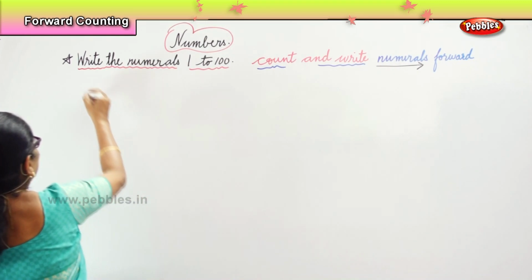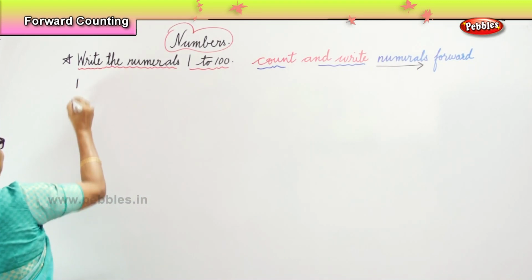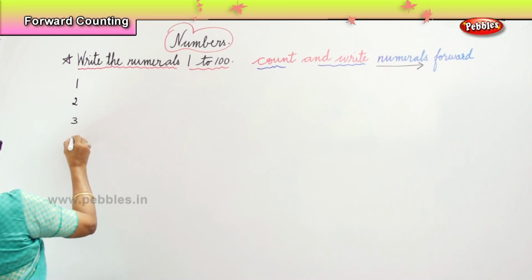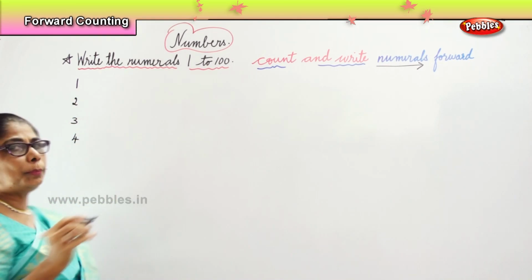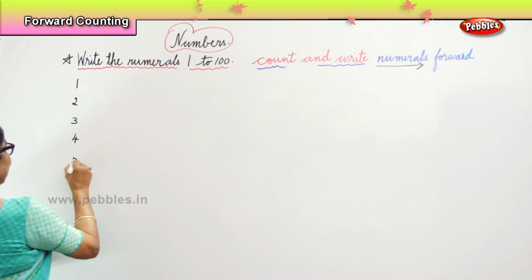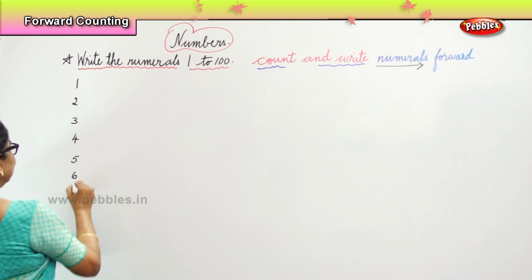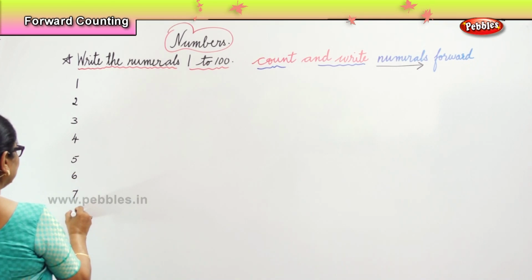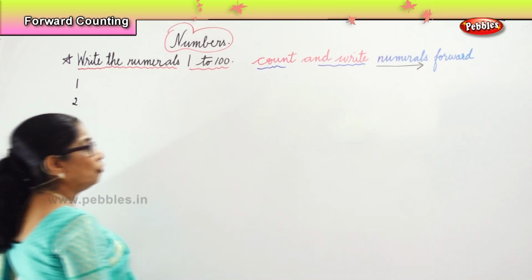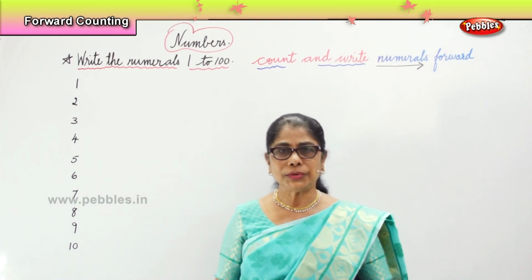Okay, let's begin. First is 1, 2, 3, 4. The numbers should be perfect. Okay, 4, 5, 6, 7, 8, 9, and 10. We know how to count forward 1 to 10.